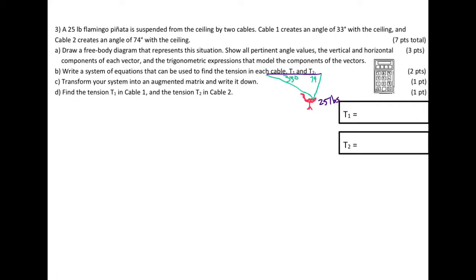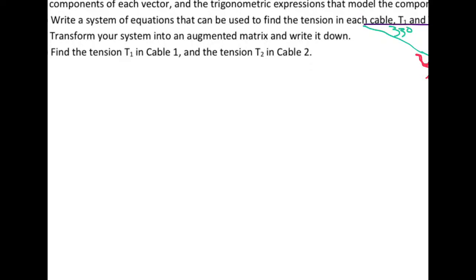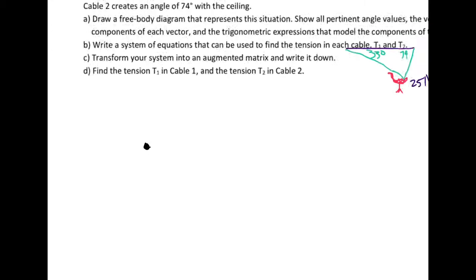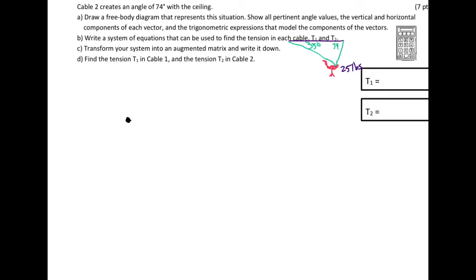Based off this we want to do a couple things. First thing we want to do is draw a free body diagram that represents the situation. So I am going to put my dot right here, representing my center of everything, where all the forces are balanced. Going side to side, I know the horizontal components of my two vectors need to be balanced, since the flamingo is not going to be swinging side to side.